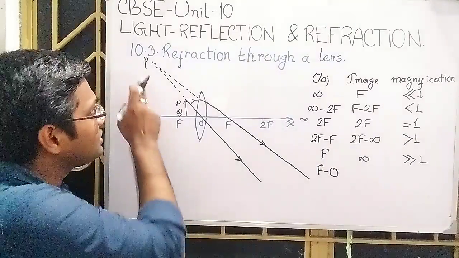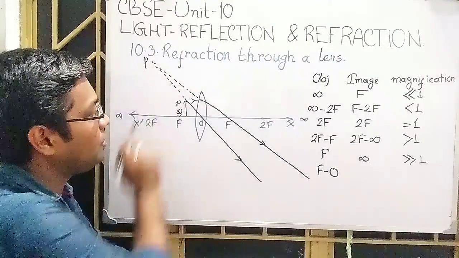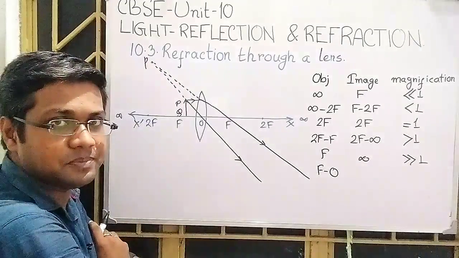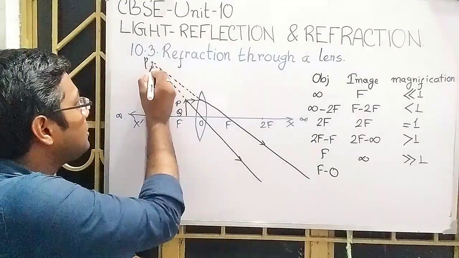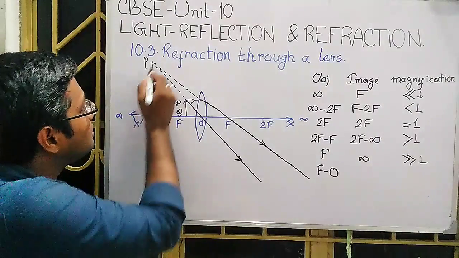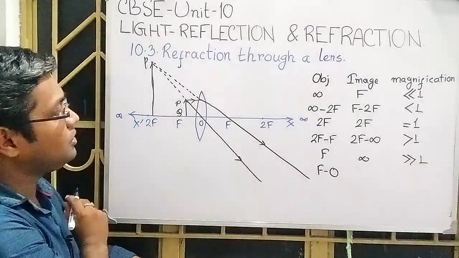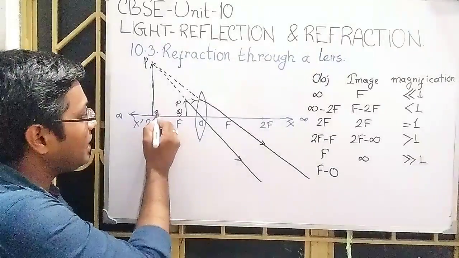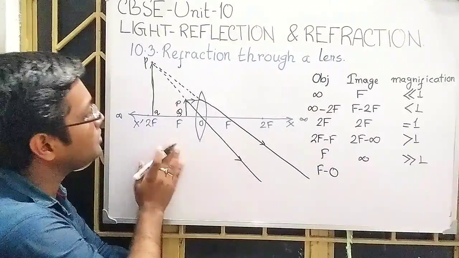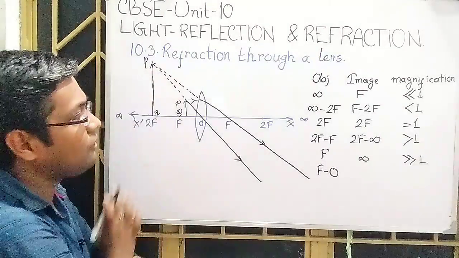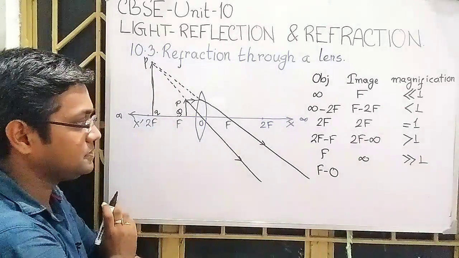So small p is the virtual image of the point capital P. If I draw a perpendicular from the point small p on the principal axis, then small pq is the image of capital PQ.